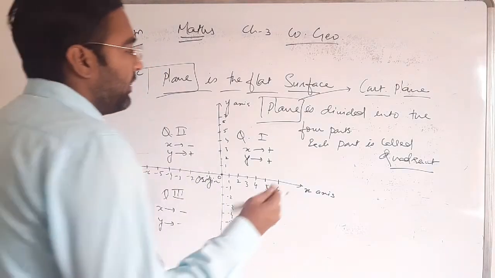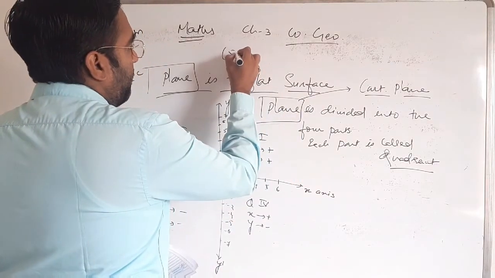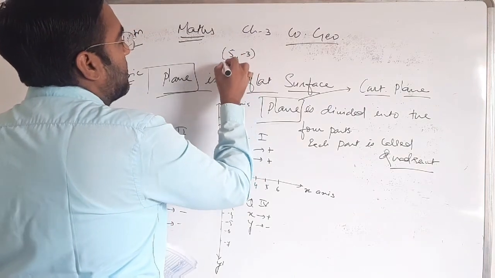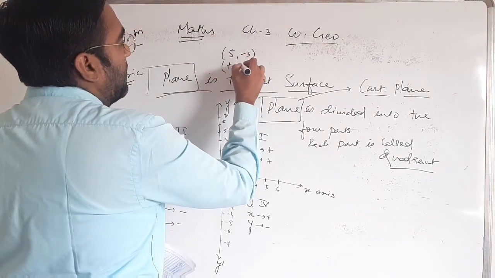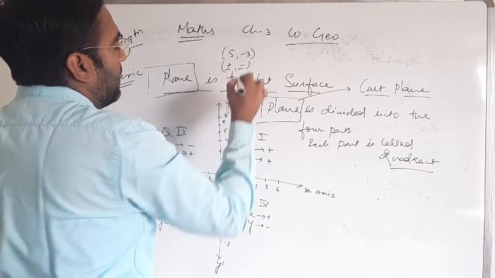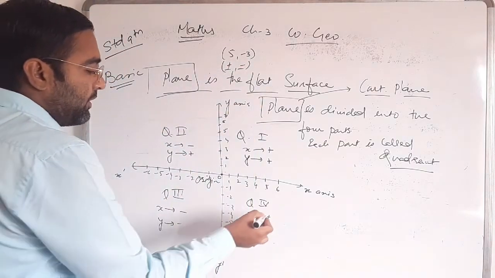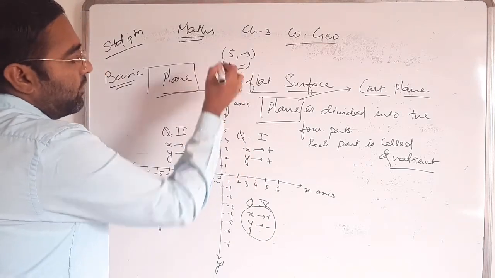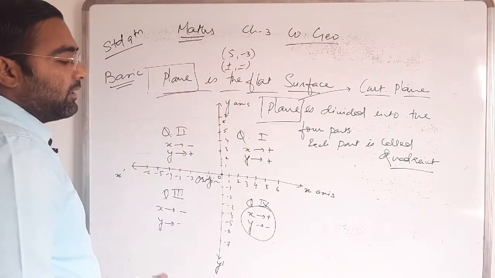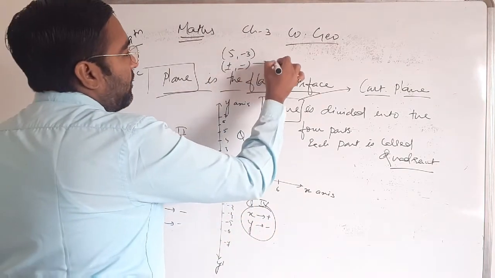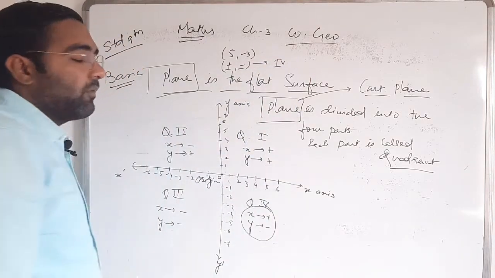I am writing it here: (5, -3). So 5 is positive and 3 is negative. X is positive and y is negative, so it lies in the fourth quadrant.